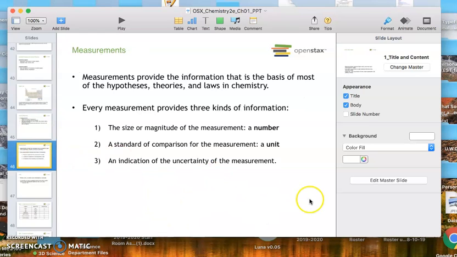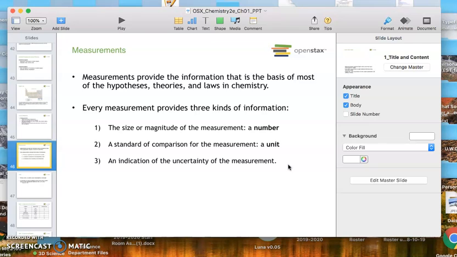When we talk about measuring something, you have to have some sort of value or number. Then you also have to have a unit associated with that too. When you're dealing with math, it's all about numbers, but when you're dealing with chemistry or anything in science, you have to have a number and a unit.